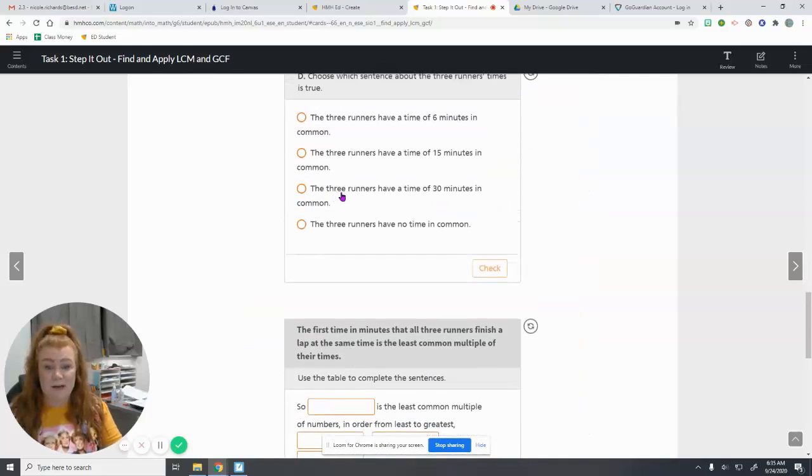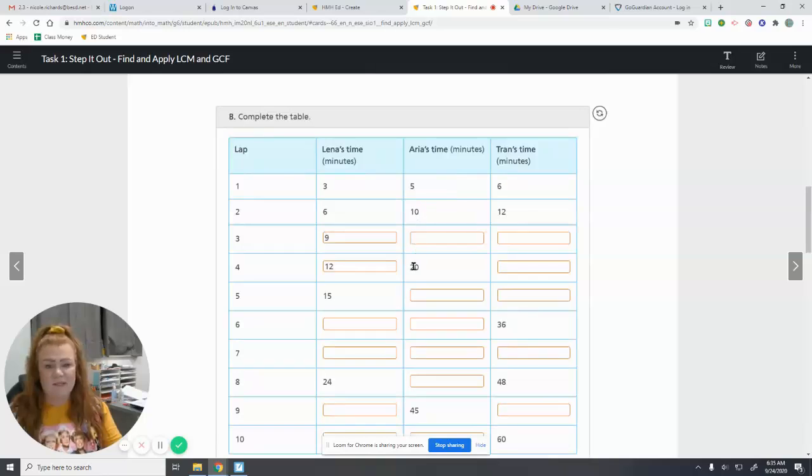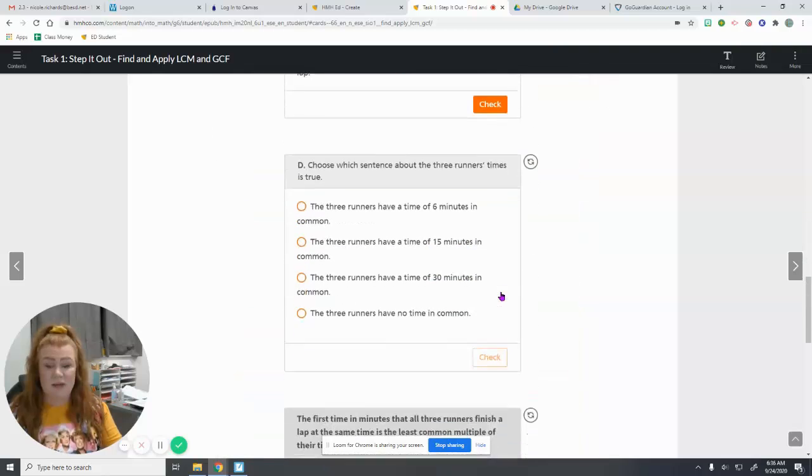Now, the 3 runners have a time of 30 minutes in common. Let's check and see. 3, 6, 9, 12, 15, 18, 21, 24, 27, 30. That one sounds good. 5, 10, 15, 20, 25, 30. 6, 12, 18, 24, 30. So they all have 30 minutes in common.